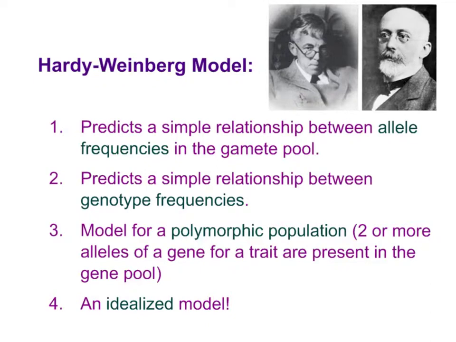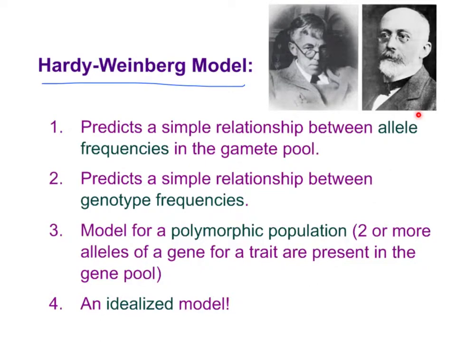Now, I'll just give you a little bit of background. Because of this interesting relationship that we have from generation to generation, where the allele frequencies are staying the same, some mathematicians came up with a really great model called the Hardy-Weinberg Model, and there are some pictures of 2 of the men. They did not work together on this.